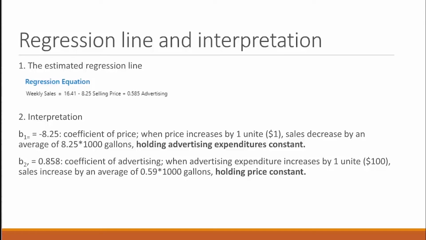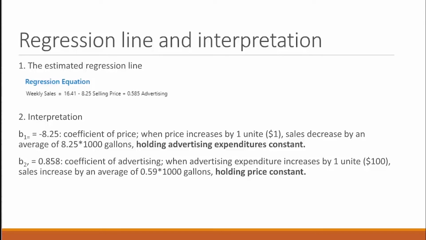Now, if we eventually determine that the model is valid and good to use, we can use this equation to forecast the sales for any given combination of selling price and advertising, as long as they are in the range of our data. But before we use the model for forecast, we need to learn something and look at a few things. Number 1 is the interpretation of the coefficients.